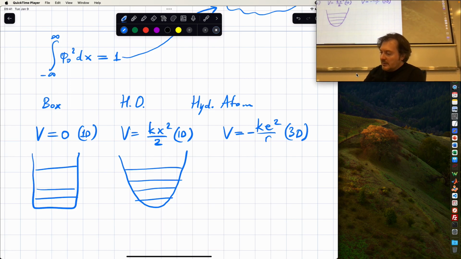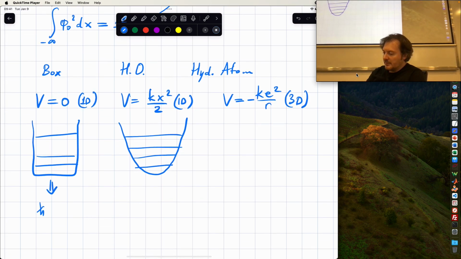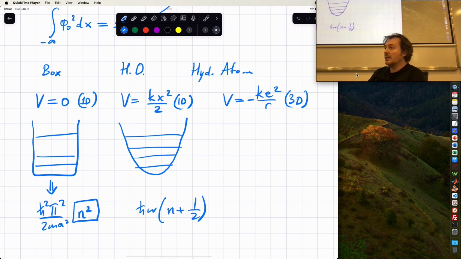And in this 1 dimension, we got 1 quantum number. So it's like h bar squared pi squared over 2ma squared, then there is a quantum number, n squared, right? Over here, it's h bar omega n plus 1/2. There's again 1 quantum number, right? For 3 dimensions, you are going to have 3 quantum numbers, n, l, and m.